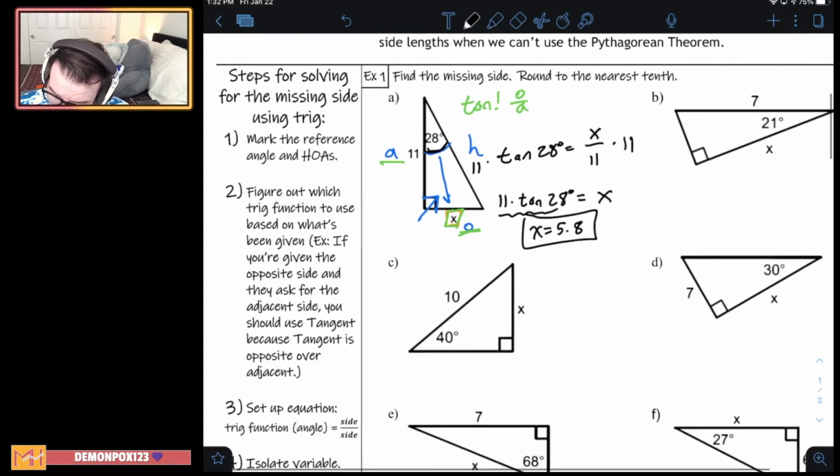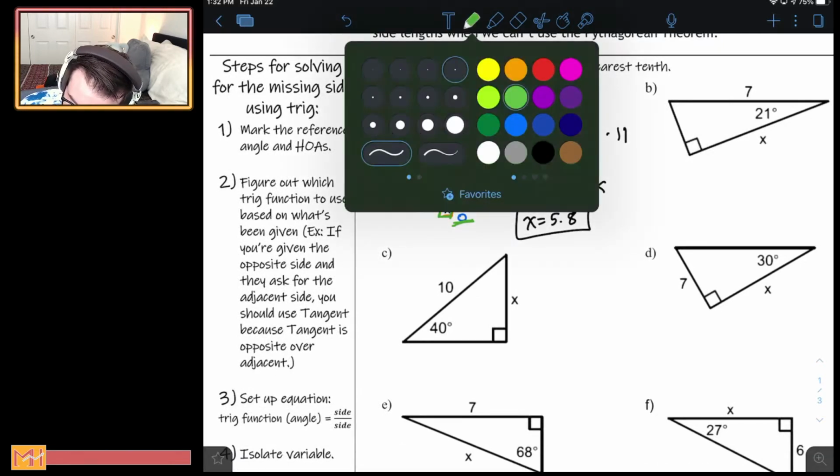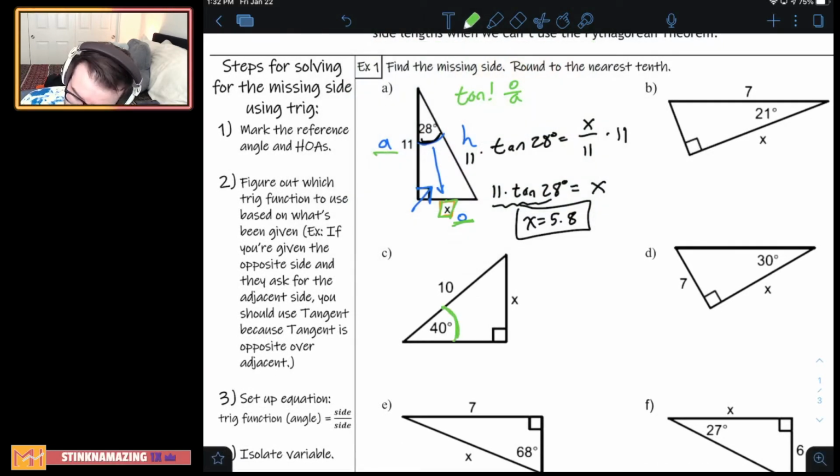Let's do it again. So what angle are we given? We're given this guy right here. And we're trying to solve for the opposite side, and we know the hypotenuse. So which trig function should we use? Sine, because that's opposite over hypotenuse. Sine of 40 degrees is equal to opposite over hypotenuse.